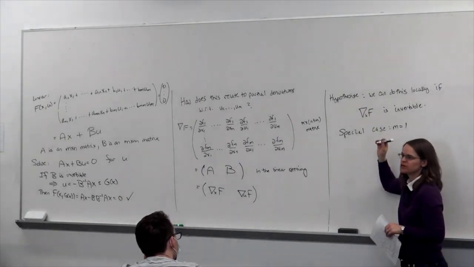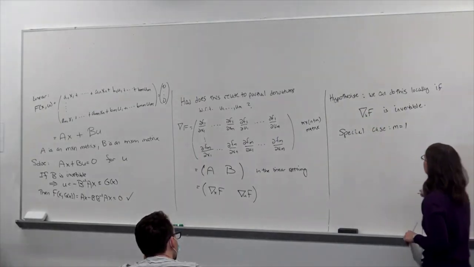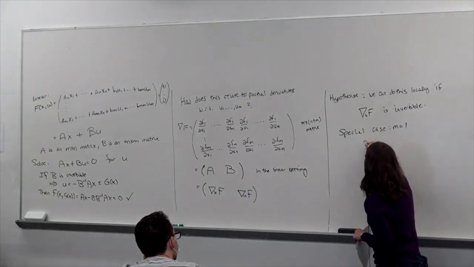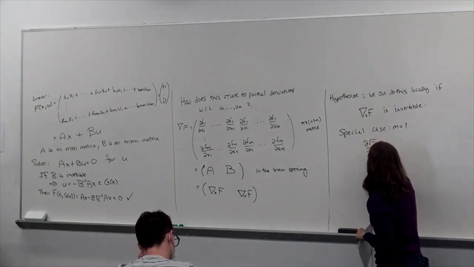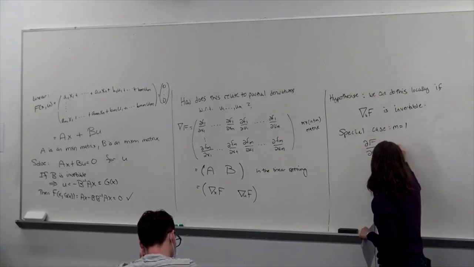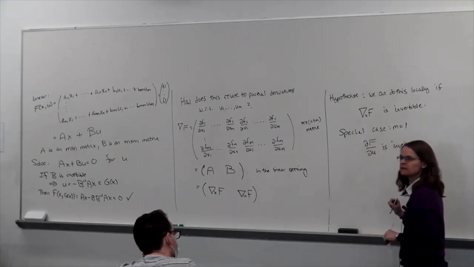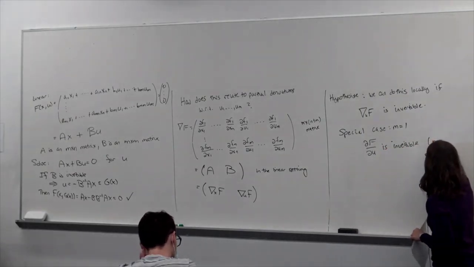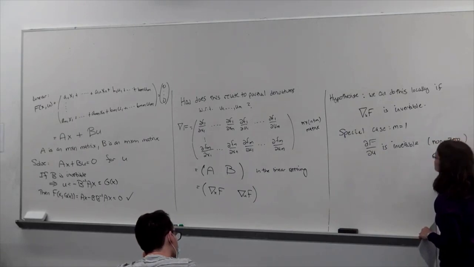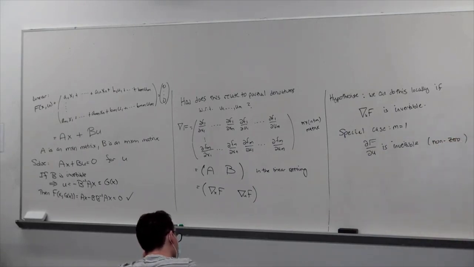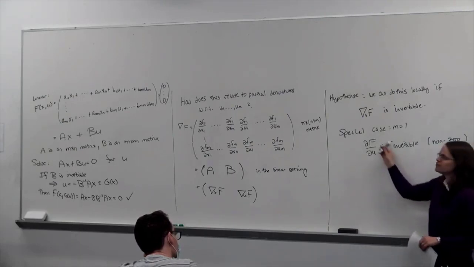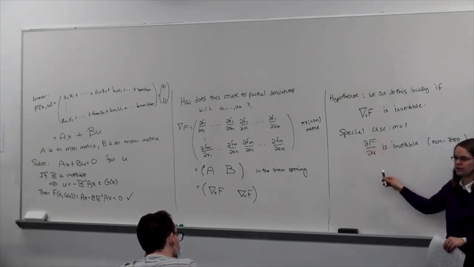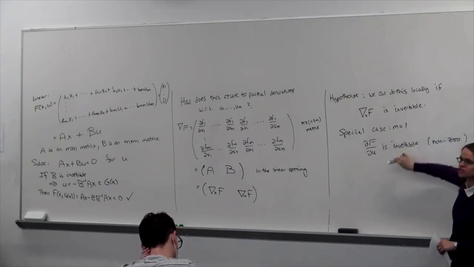It's just a partial derivative with respect to that variable. So we would be asking that this partial derivative is invertible. What does it mean for a scalar to be invertible? It's non-zero. Well, that is precisely what we said should be the case in the low-dimensional setting, that we should be able to do this if this partial derivative is not zero.